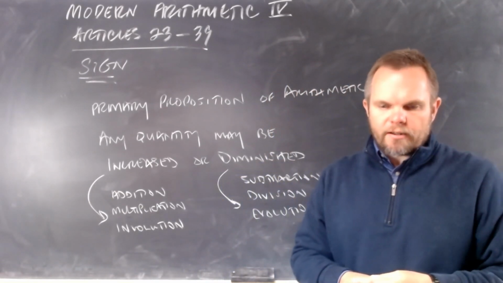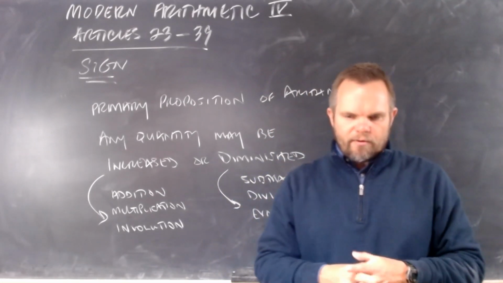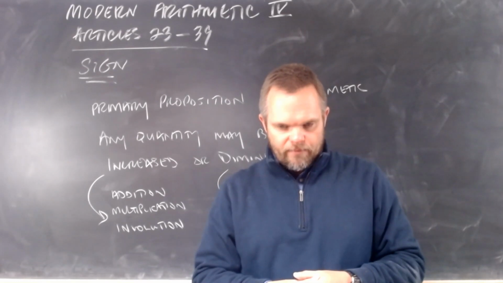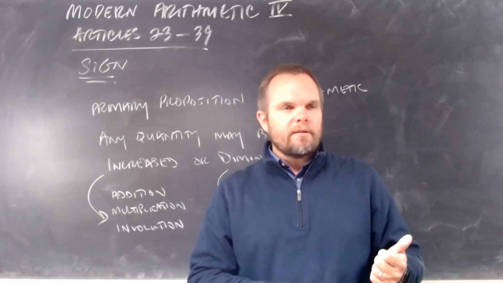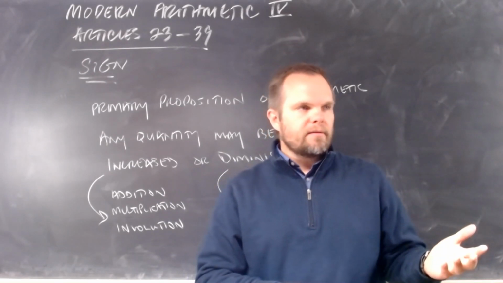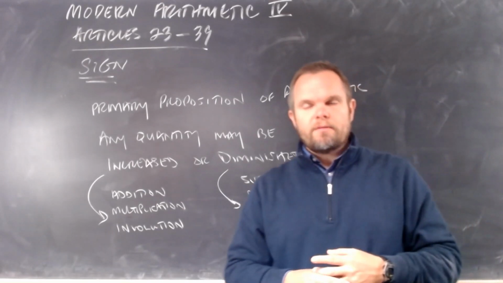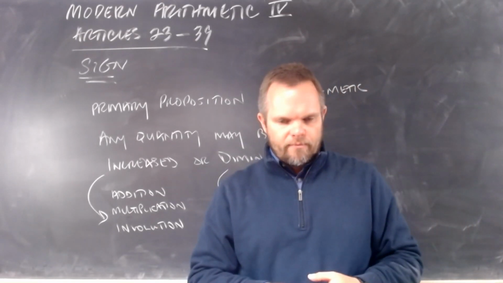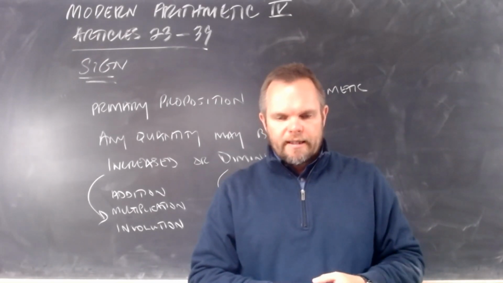And lastly, Article 39, this is the last article of this introduction. It says the fundamental operations of arithmetic are numeration, that means counting, right? Notation, that means writing numbers, expressing numbers. Addition, subtraction, multiplication, and division.